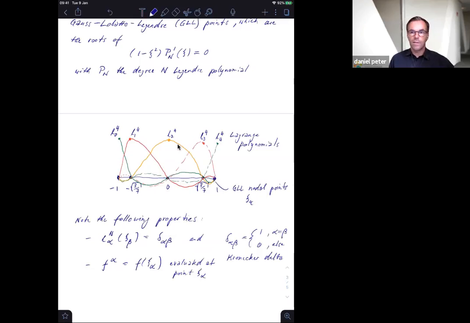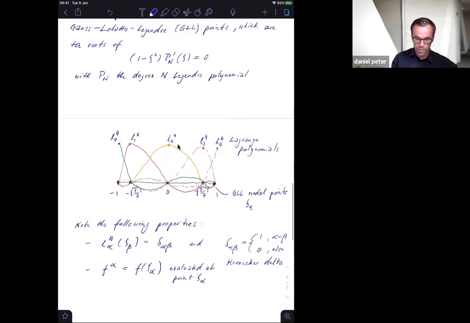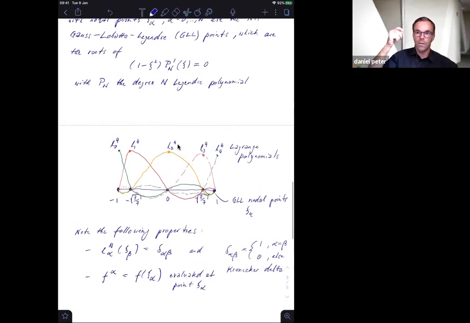We saw that last time a little bit with these degrees of freedom, the coefficients. If we plot those exactly at the nodal points, then we can just plot the coefficient values. And here it is the same, because the Lagrange polynomials will be 1 and 0 everywhere else.